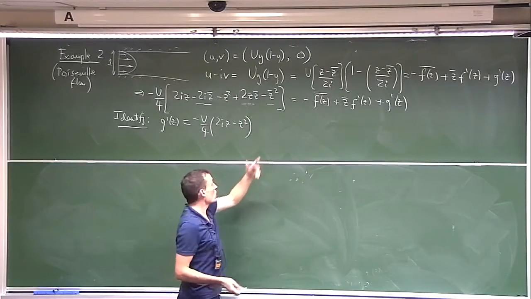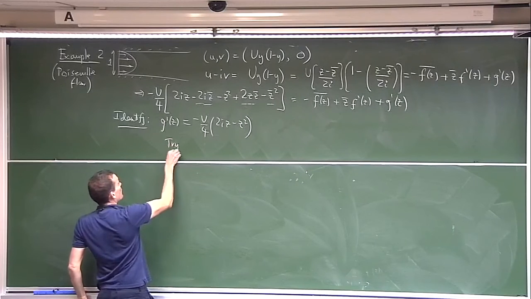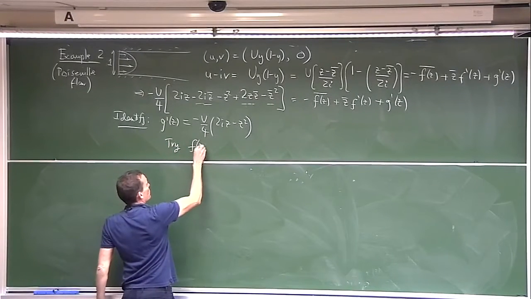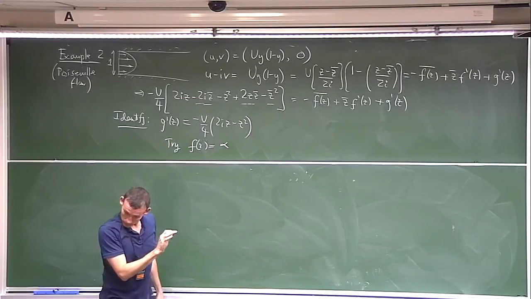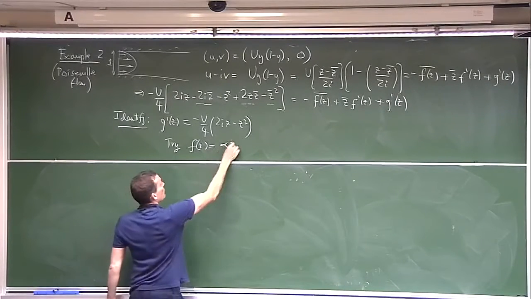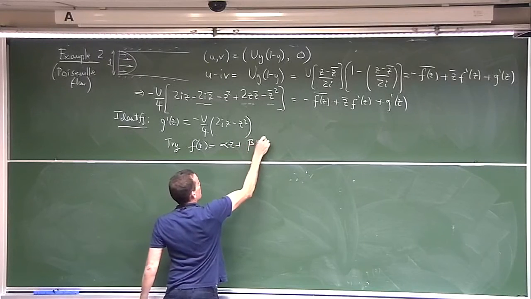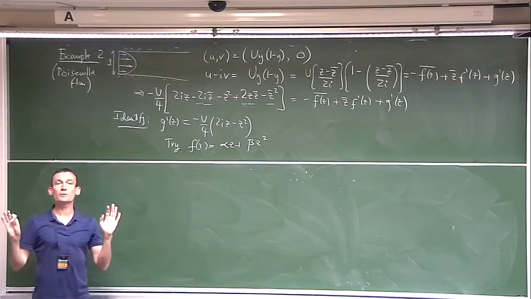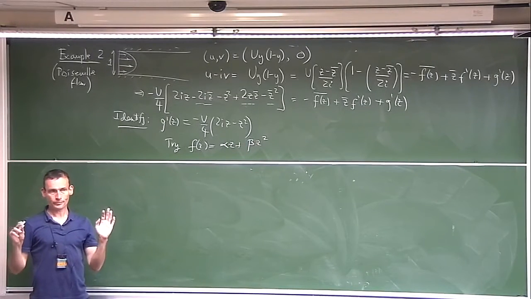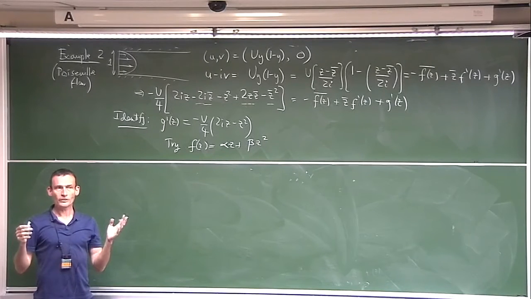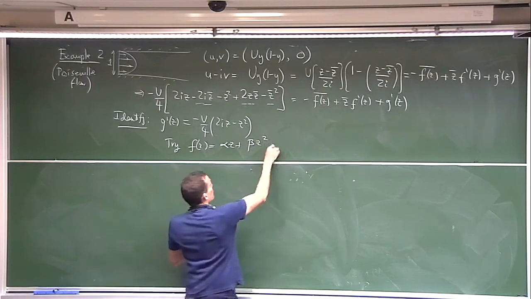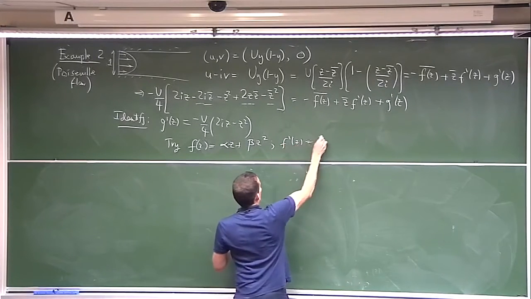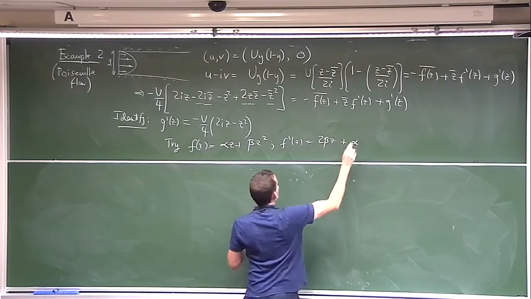Okay? So what I'm going to do is try f to be quadratic. And it can only be a function of z. So I'm going to let it be alpha z plus beta z squared for some alpha and beta to be determined. You see why that's a natural thing to try? So of course that means that f prime is 2 beta z plus alpha.